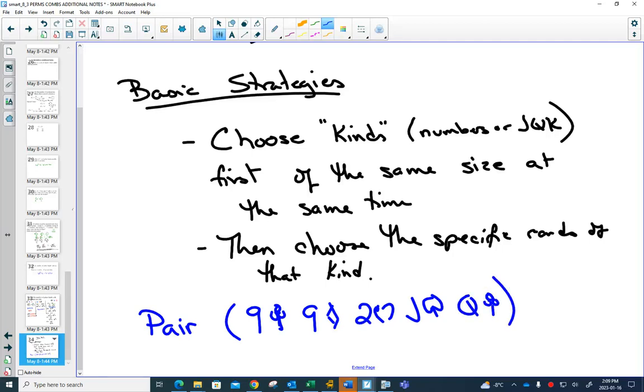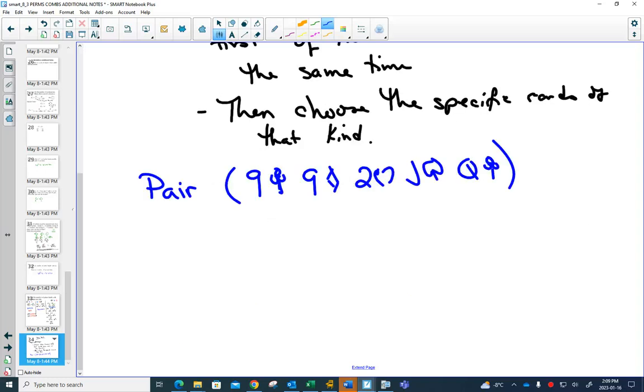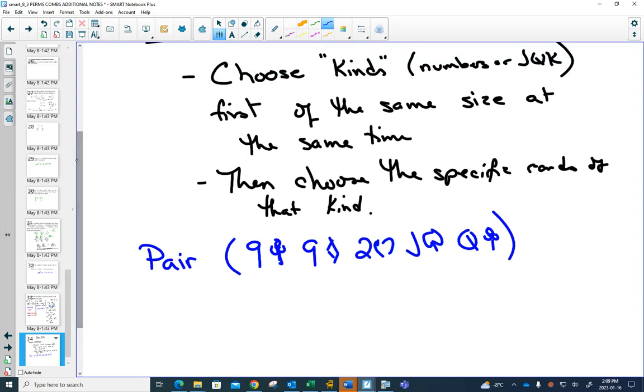This would be an example of getting a pair. It's not a very good hand in poker, but it's better than getting all different. So what do we have to do as our basic strategy? We have to choose kinds of the same size, and in this question, we have a pair. That size is 2. And then we have 3 single cards.